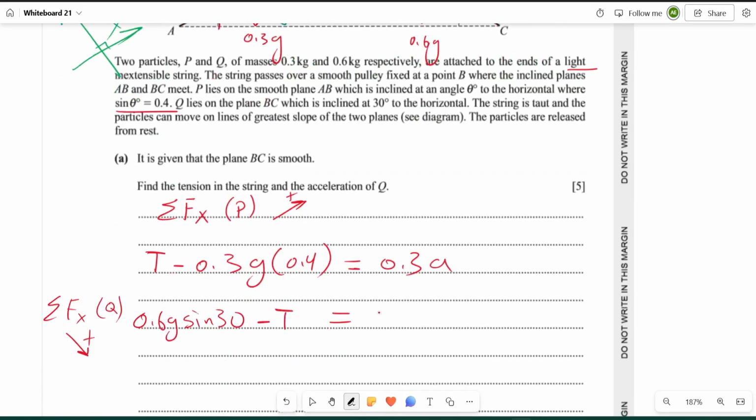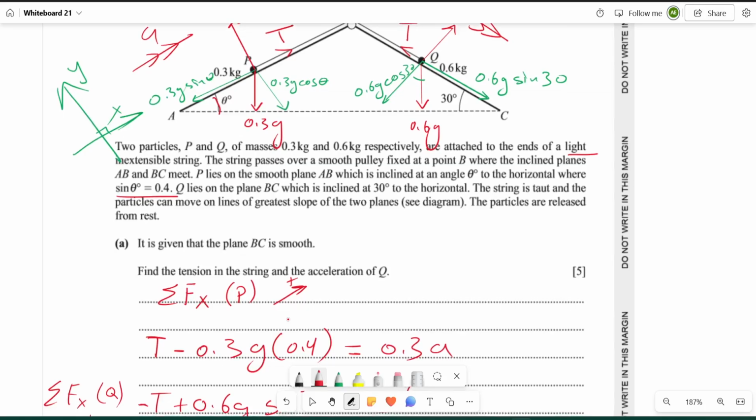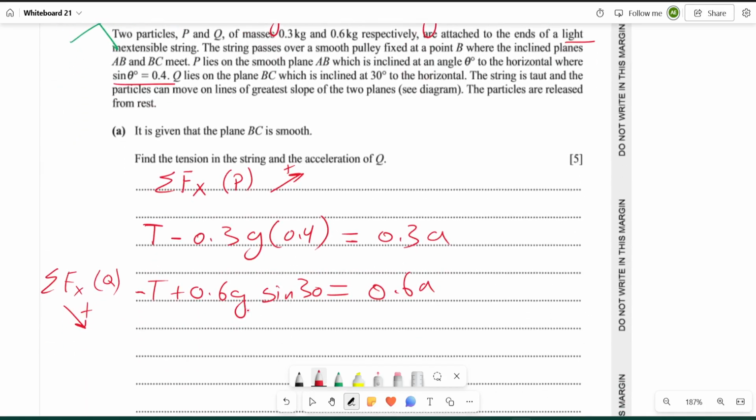This is going to equal mass times acceleration. Let me rewrite this the other way around so it's easier. I'm just going to write it as minus T plus 0.6 g sine 30. I just moved them around. It's literally nothing.